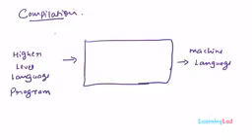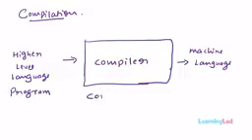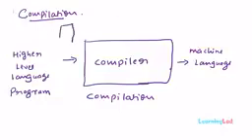In the compilation method, a program called a compiler is used, and this compiler will take the higher level language program and convert it to the machine language. This process is called the compilation method. Here, the compiler will read the high level language program. Let's say this is the high level language program.